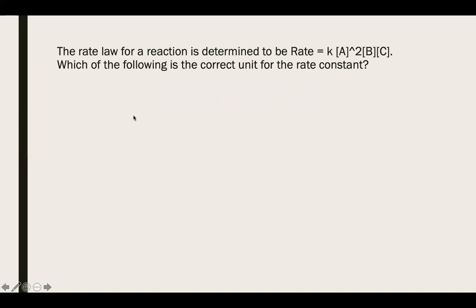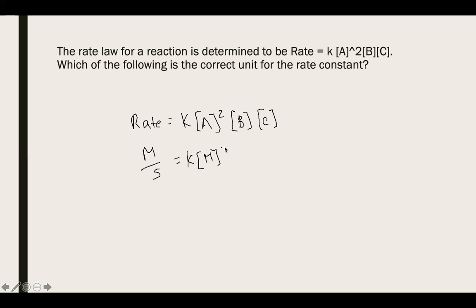So your rate law is rate equals K times A squared times B times C. We know that our rate is always measured in molarity per second, and we're trying to find the units on our K. Our A is measured in molarity, and that's squared. Our B is measured in molarity, only raised to the first power, and our C is also measured in molarity, also raised to the first power.